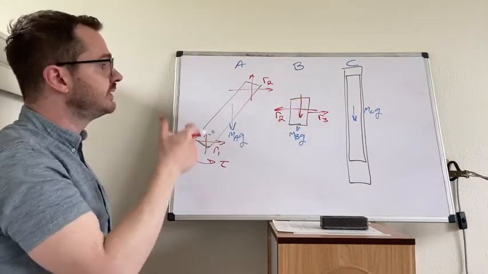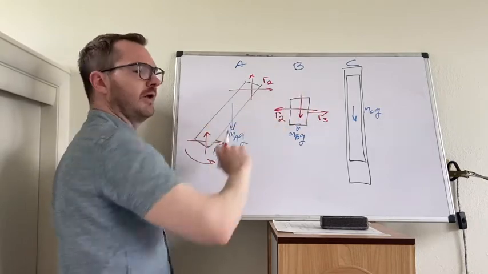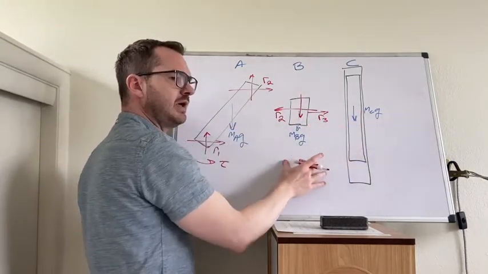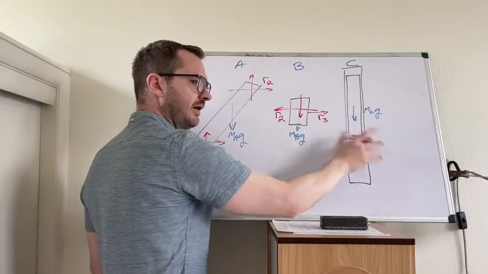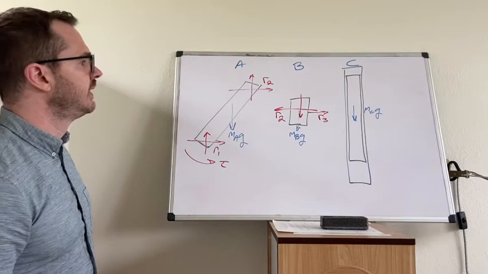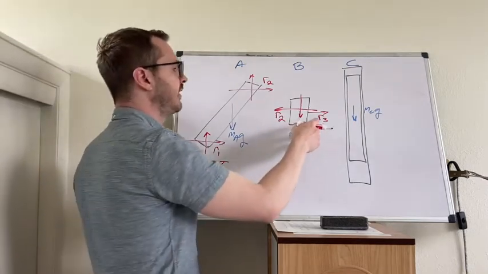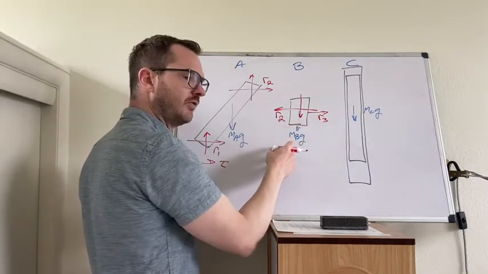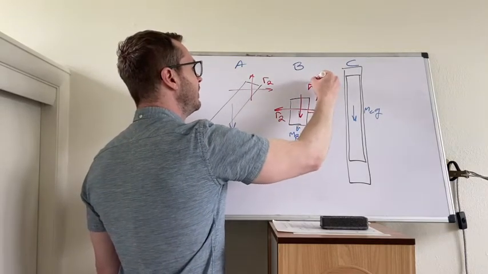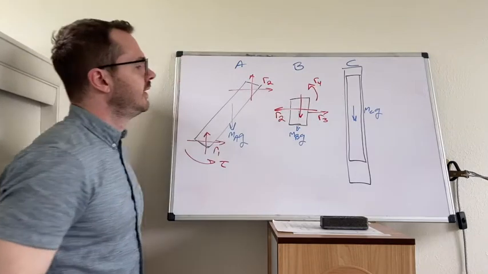Now, I also mentioned that this block cannot arbitrarily rotate. If C rotates, then B rotates with C, right? They have the same rotation, same angular velocity. What makes this rotate? That means there is a moment, and let's call it R4.